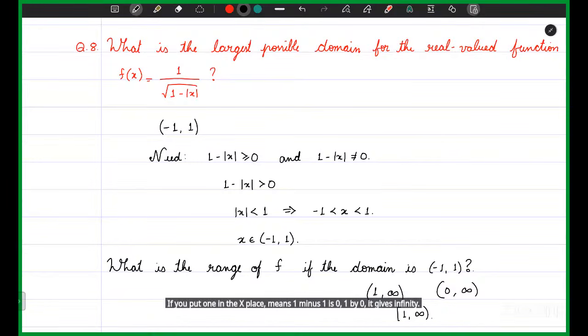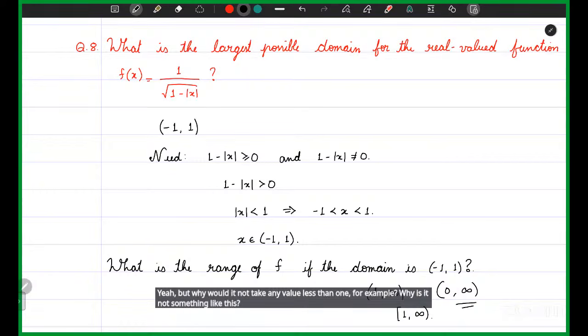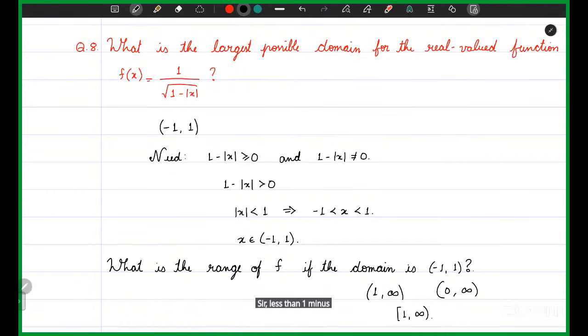And when we put 0, then we get 1. Yeah, but why would it not take any value less than 1, for example? Why is it not something like this? Sir, when we put less than 1, we get infinite.